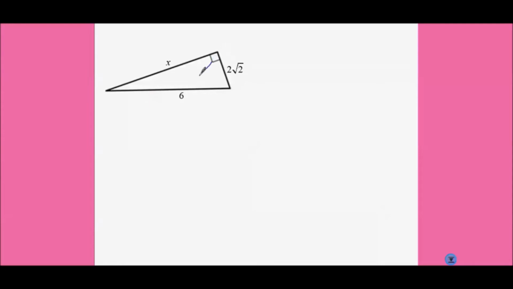This time, we know our hypotenuse. We're trying to find one of our legs. So 6 squared equals x squared plus 2 square roots of 2, squared. 6 squared is 36 equals x squared.